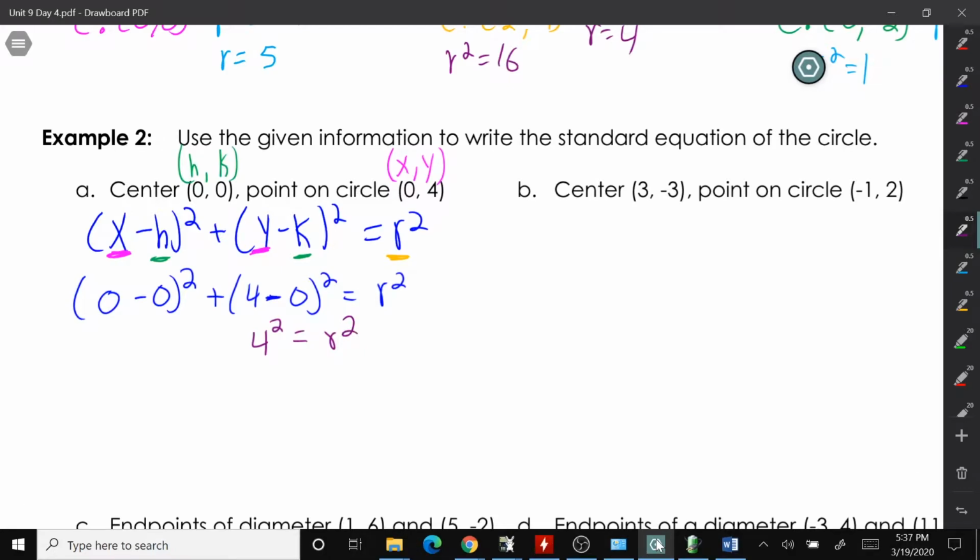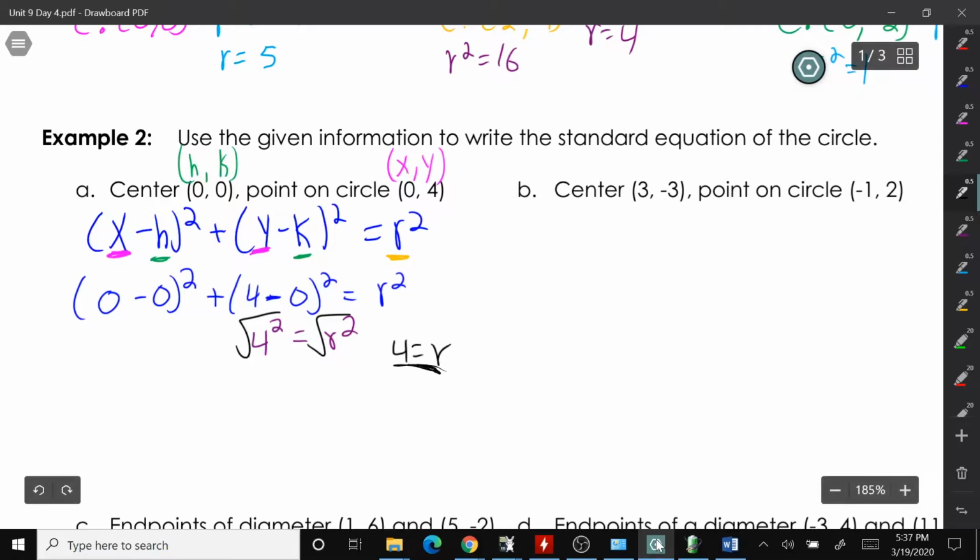Now, yes, you can simplify this and say, okay, well, square root both sides, and we get 4 equals r. That's okay. Or you can just leave it in terms of r squared. This is probably a better idea. So I know my radius is 4.